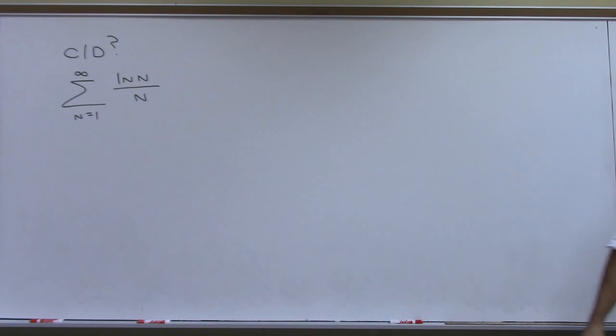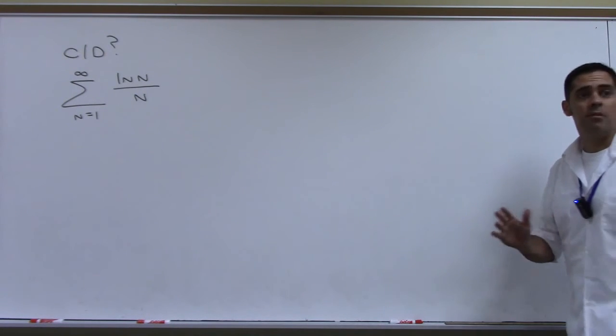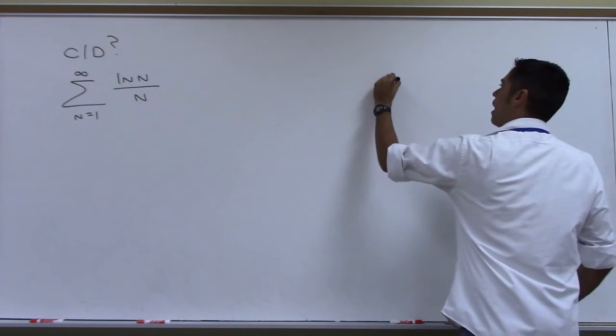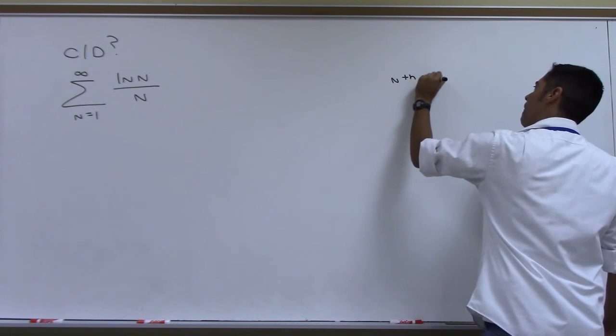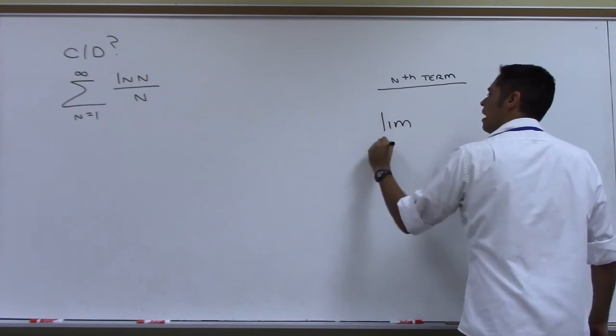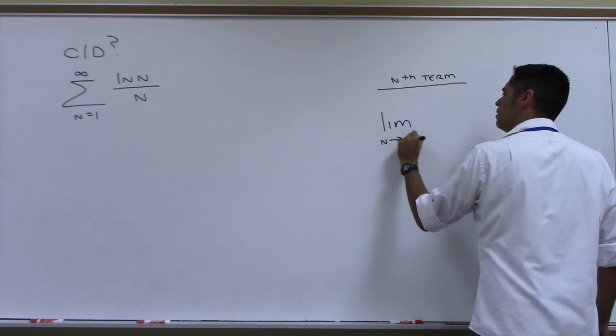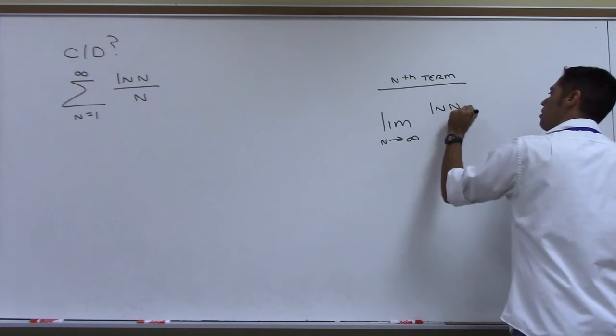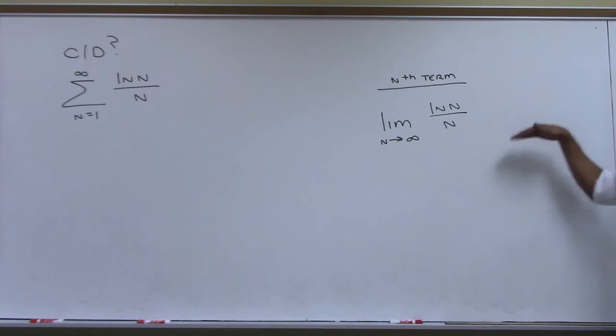What should we start with? What's that? Nth term? You want to just try real quick? Nth term test? Okay, nth term. Limit as n goes to infinity. What am I hoping for here? It's not 0, right? That's what I'm hoping for. So right now I'm infinity over infinity.